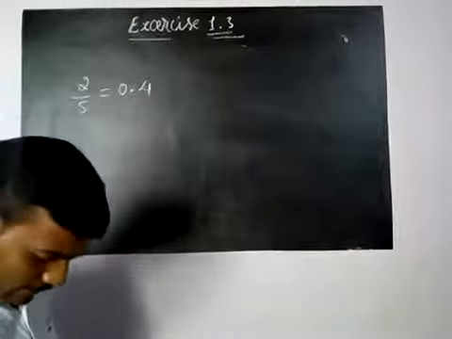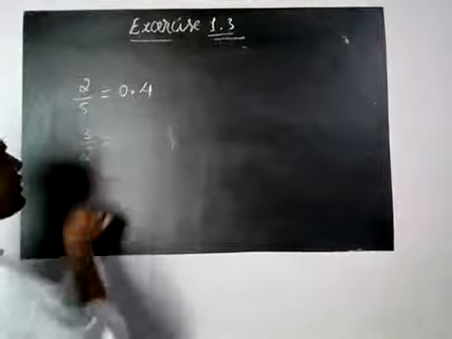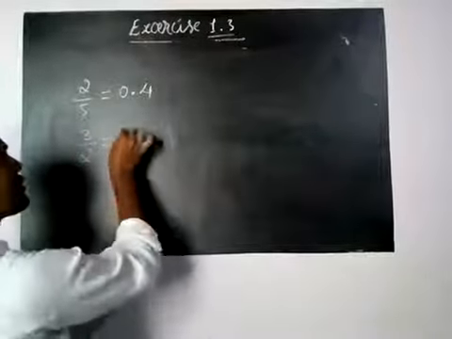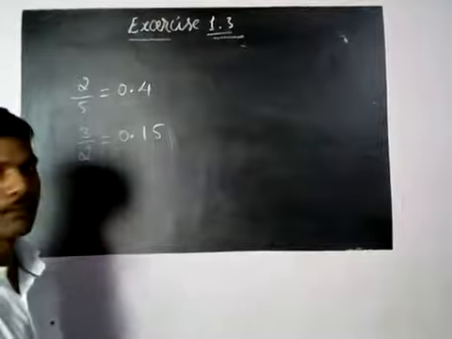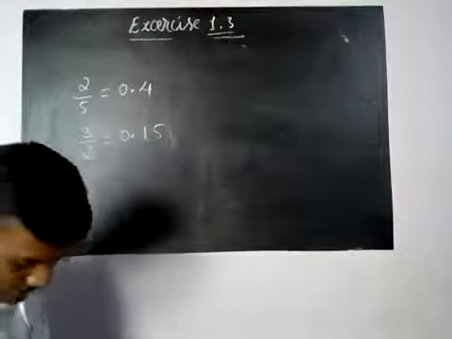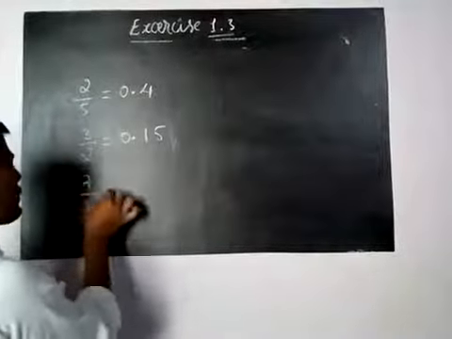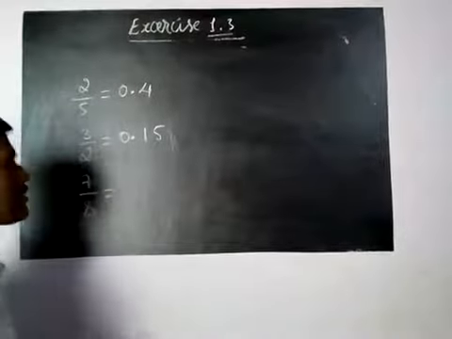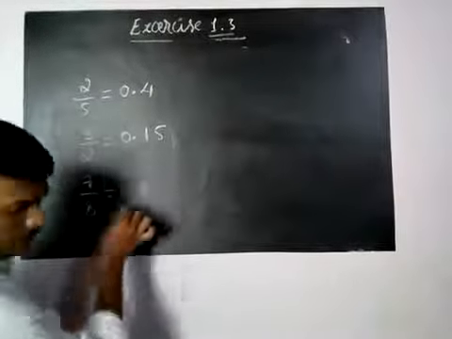Next, 3 by 2 is 1.5, right? And next, 7 by 8. What would be the decimal expansion? It is 0.875.